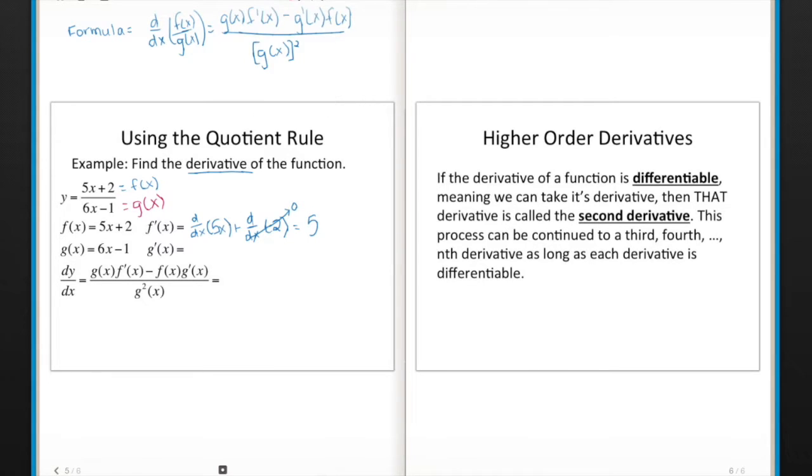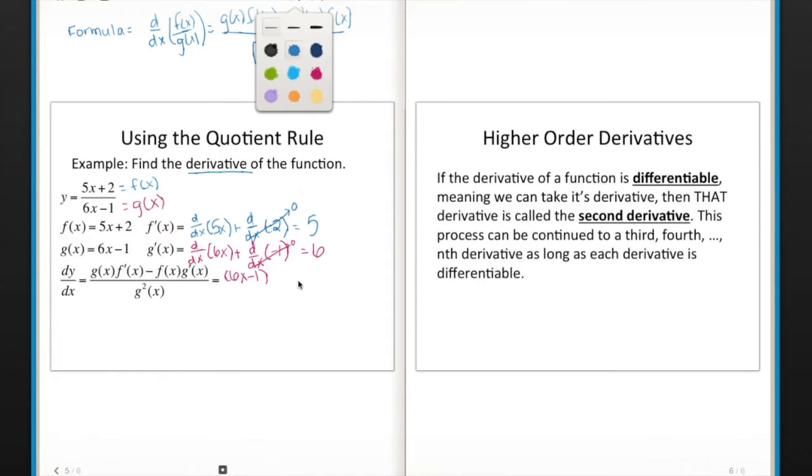And we already talked about the derivative of a constant being 0. So the derivative of 5x plus 2 is just 5. Now onto the bottom. We're taking the derivative of 6x minus 1, which again is using the sum rule. Taking the derivative of 6x and the derivative of negative 1 and adding them together. Again, using the constant multiple rule, the derivative of 6x is 6, and then the derivative of negative 1 goes to 0.